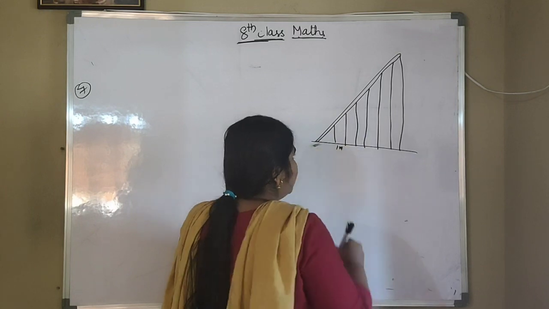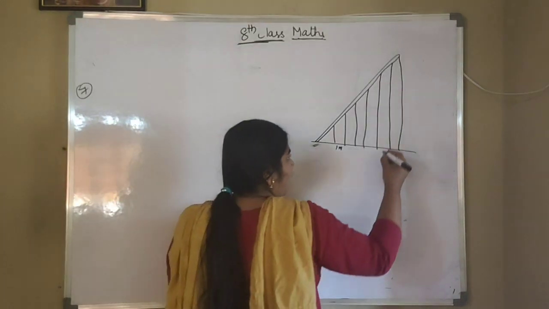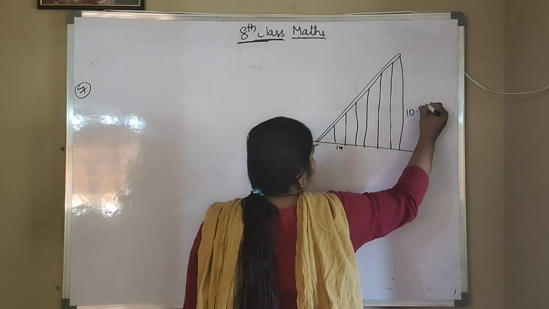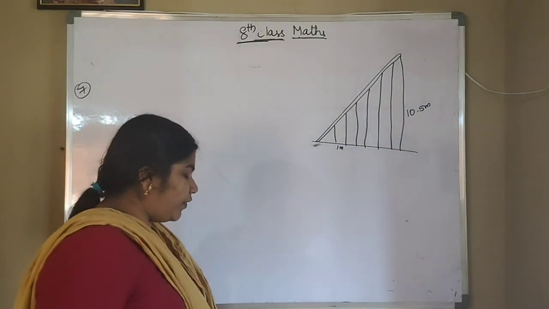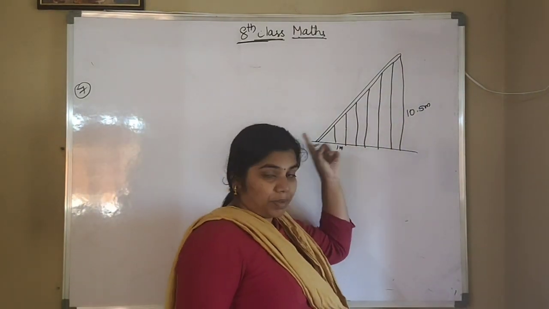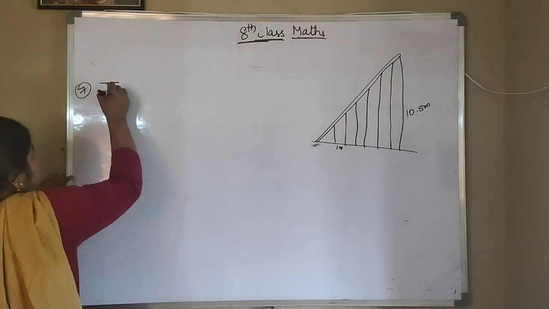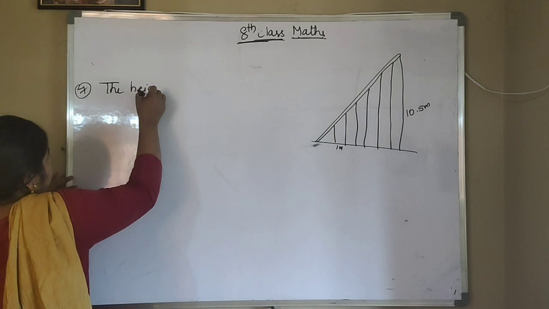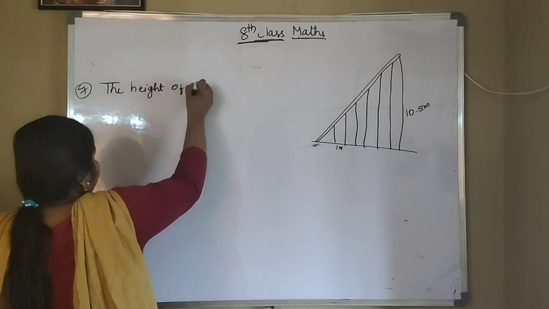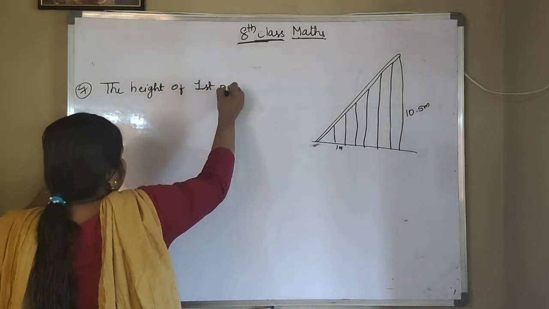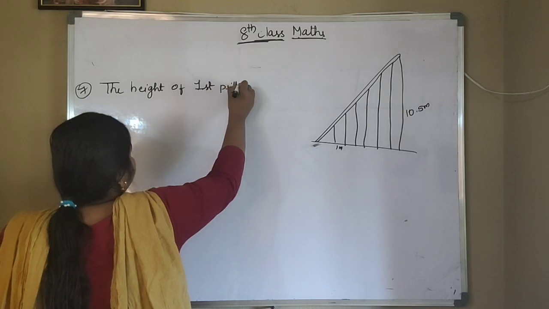The distance between every pillar is 1 meter and the height of the last pillar is 10.5 meters. What do we have to find? We have to find the height of each pillar. First, the height of the first pillar.